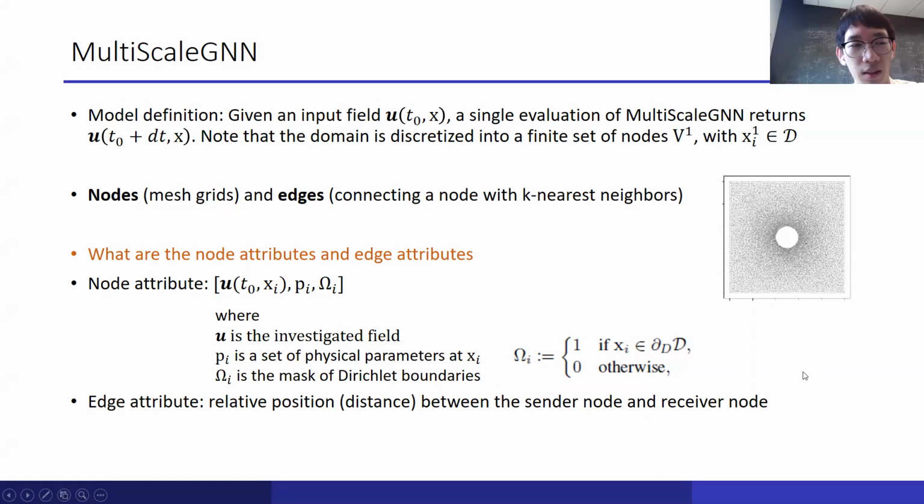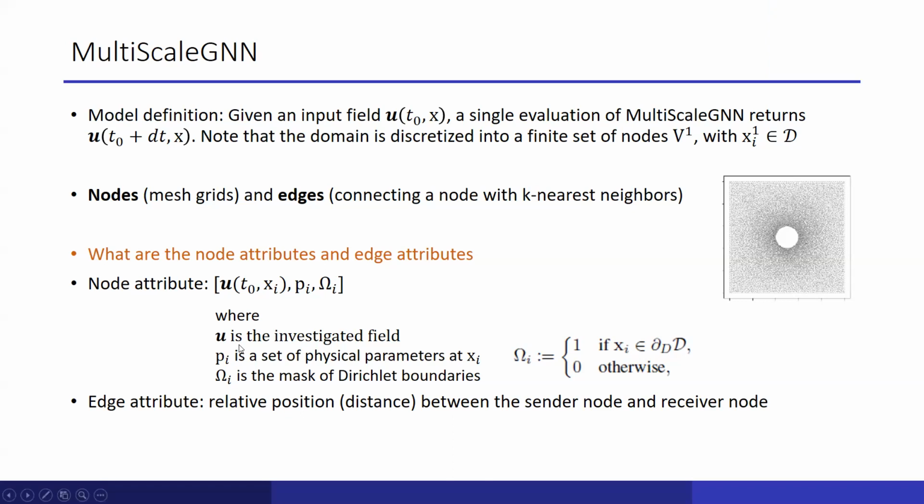Shengze, how about the pressure? The pressure is part of the node attributes in the Navier-Stokes case, and yes, this can be several fields. This is okay, because if it's multiphysics, then that contains all the parameters there. And also the graph is stationary, right? The xi is constant, it's not moving, right?